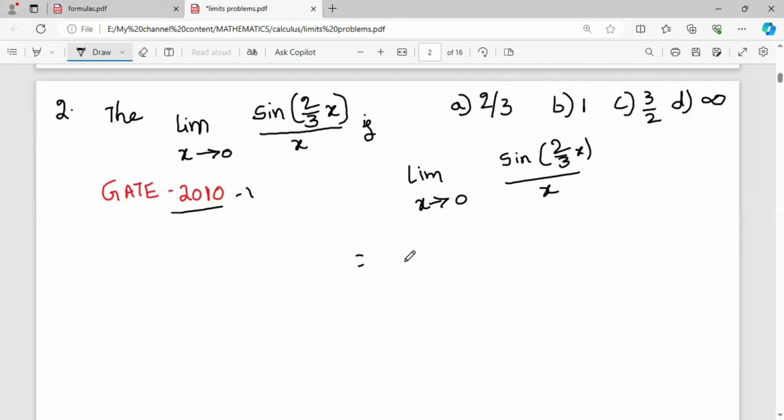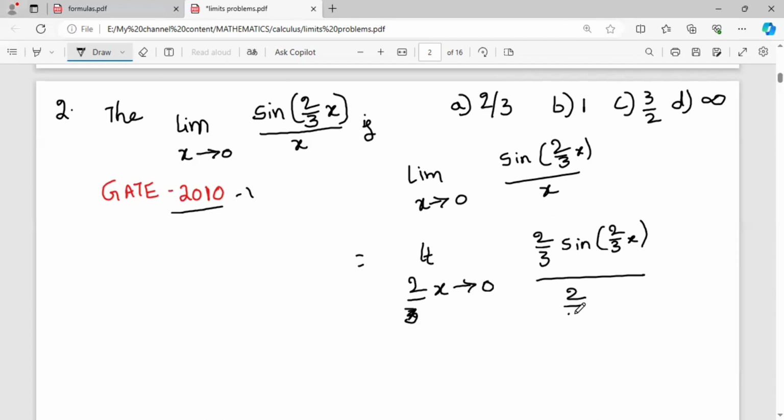So we can simply write it by multiplying the numerator and the denominator with 2/3.